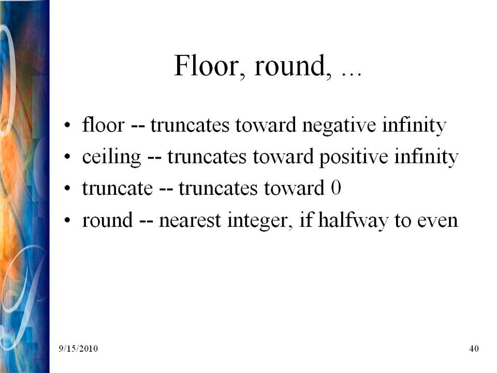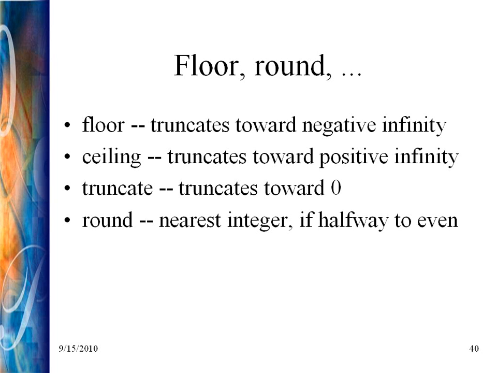Okay, floor, ceiling, truncate, round. Floor takes a floating point number or a ratio and truncates it towards negative infinity. In other words, it takes the largest integer which is smaller than or equal to the value. Ceiling truncates towards positive infinity. It takes the smallest integer which is greater than or equal to the value.